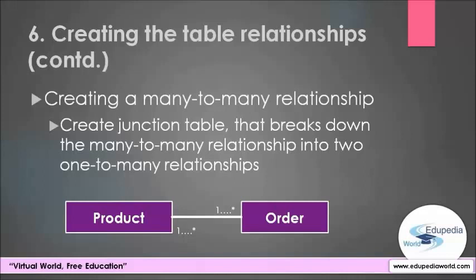Note that to detect many-to-many relationships between your tables, it is important that you consider both sides of the relationship. The two tables, orders and products, have a many-to-many relationship. This presents a problem. To understand the problem, imagine what would happen if you tried to create the relationship between the two tables by adding the product ID field to the orders table.